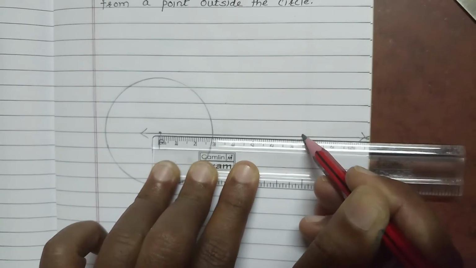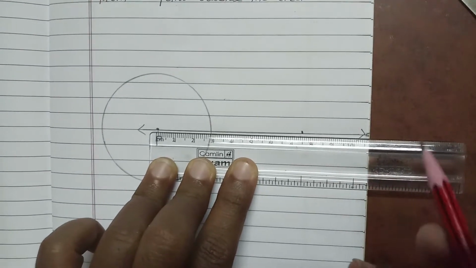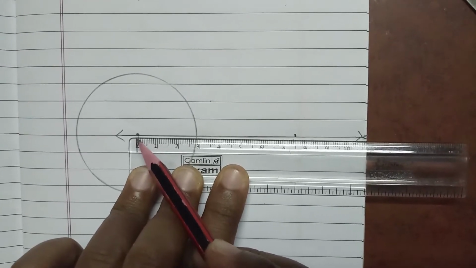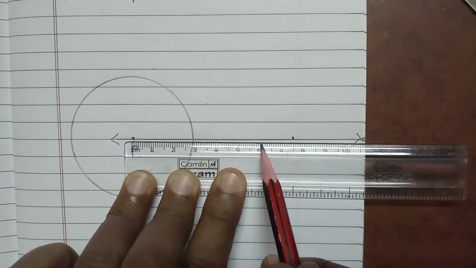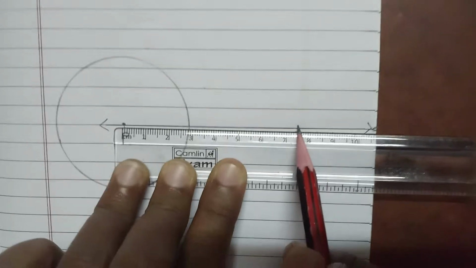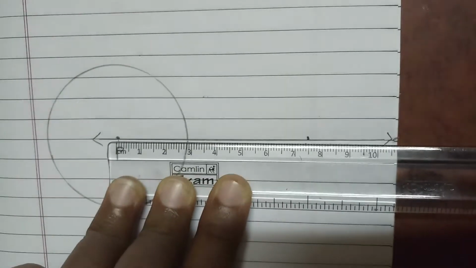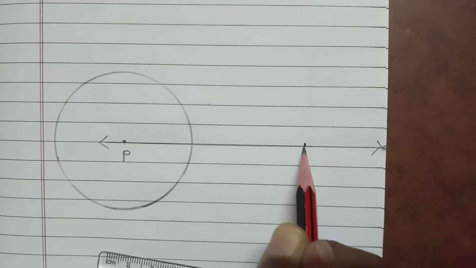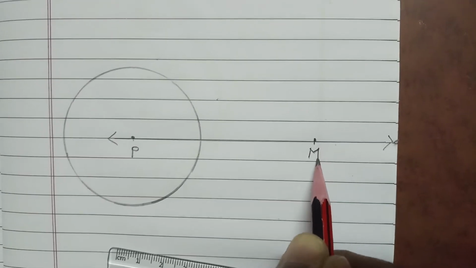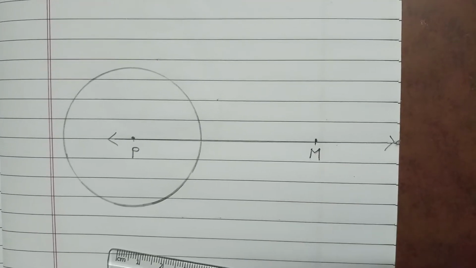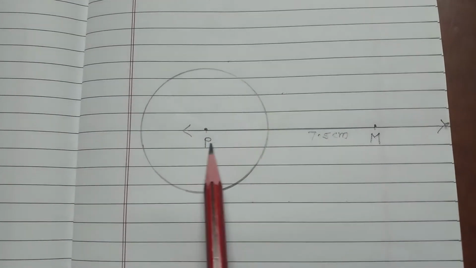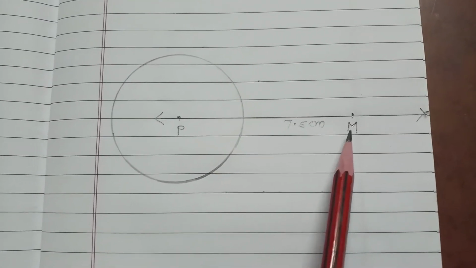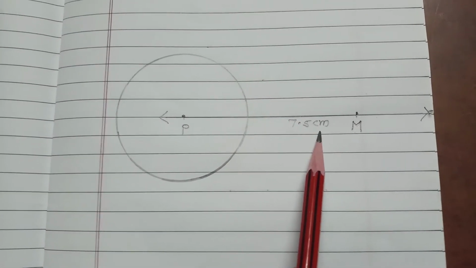If it is given that you have to take 6 cm from the center of the circle, then you have to take 6 cm. Now I am taking 7.5 cm distance on the line, and we will name this point M. Line segment PM has the length 7.5 cm.